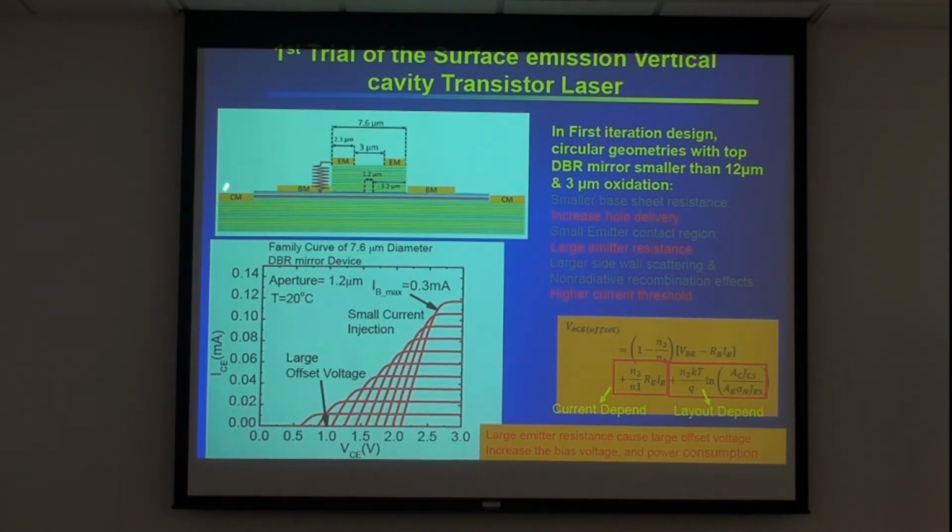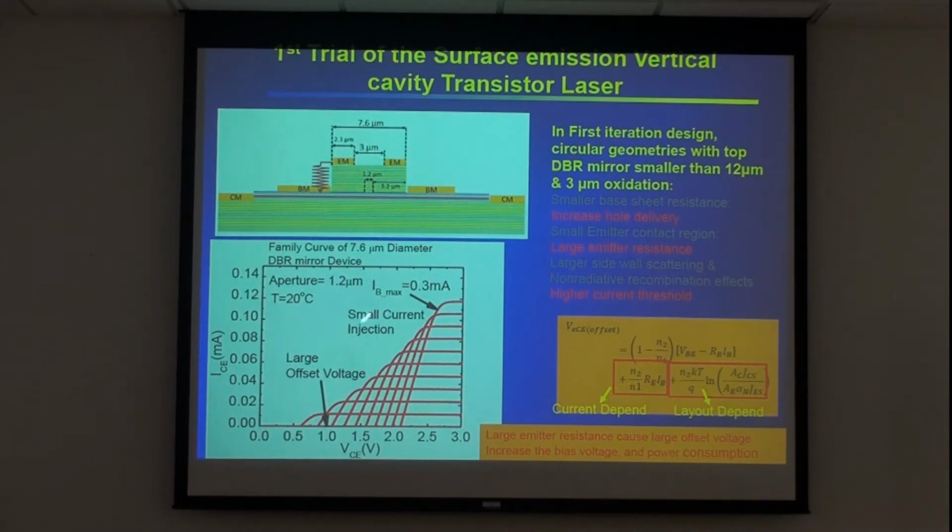And this is a typical layout design we had in the first 2 or 3 years ago. Basically, we tried to copy what a VCSEL looks like: put the emitter metal, base metal, collector metal, and do an oxidation and do a recombination. And this layout just totally failed, I can say that.